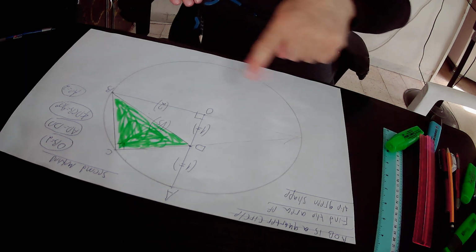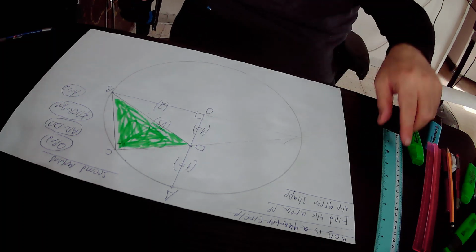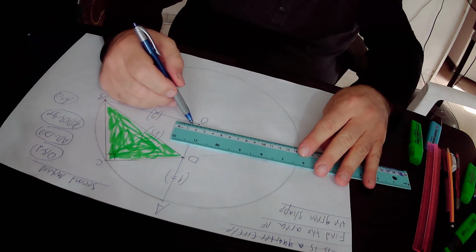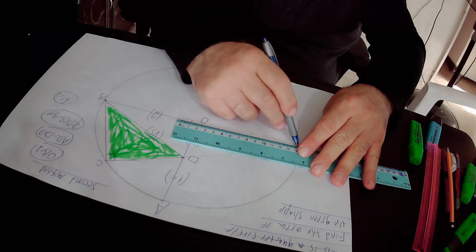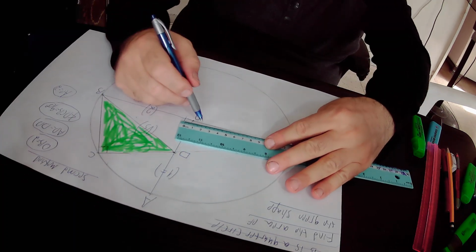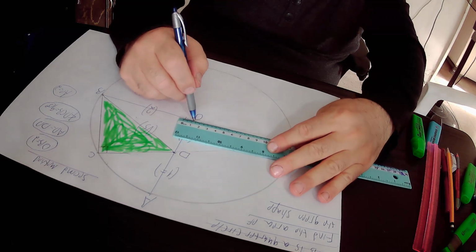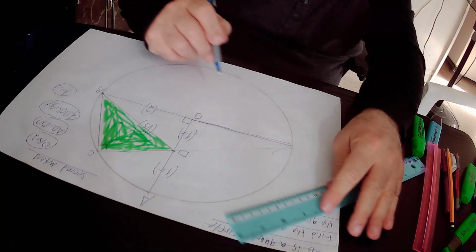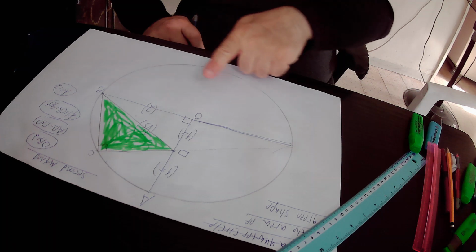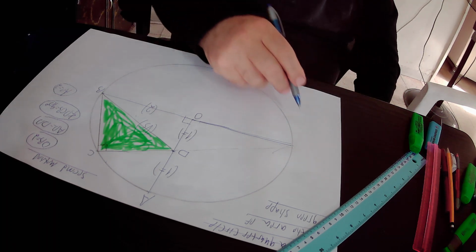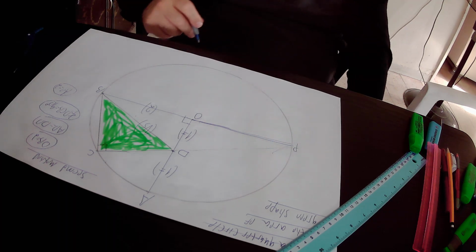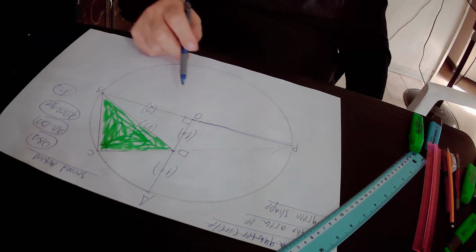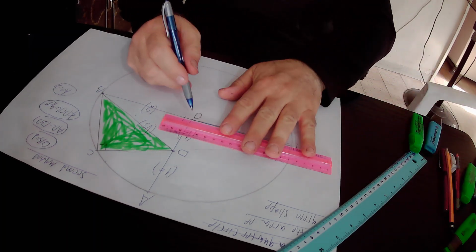Again, we extend the radius BO by a straight line until it touches the circle. We define the touching point of the extended radius BO with this circle as point P. Again, we know that BP is a straight line, therefore this angle must be equal to 90 degrees, according to rule 3.